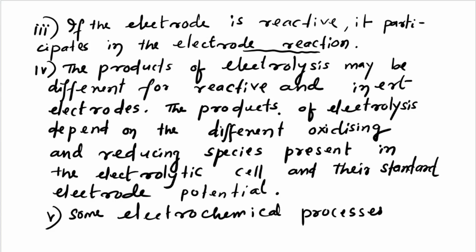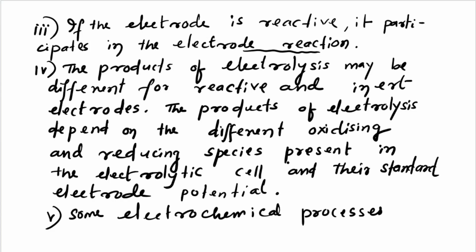Remember, when electrolysis takes place with an inert electrode and with a very active electrode, the products are also different. The products of electrolysis depend on the different oxidizing and reducing species present in the electrolytic cell.